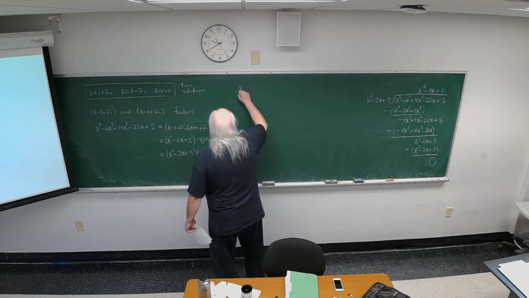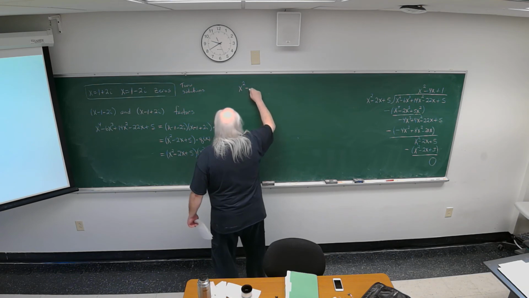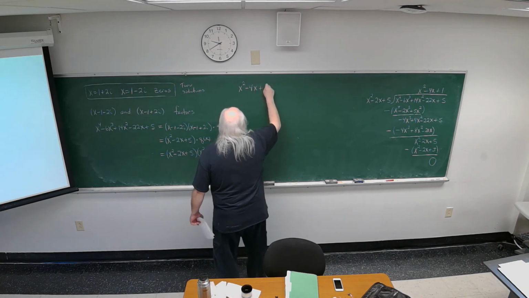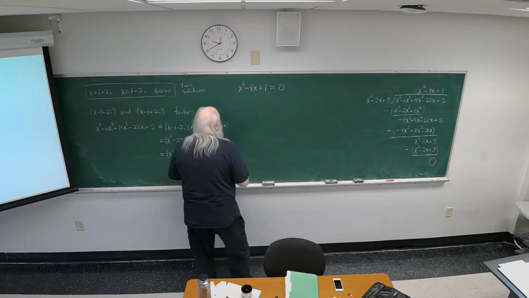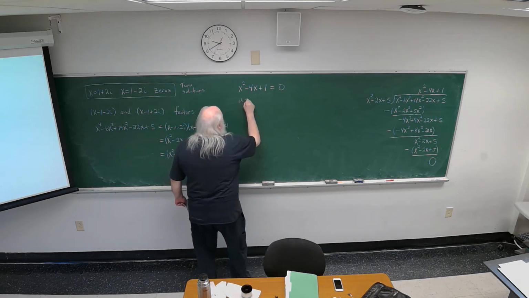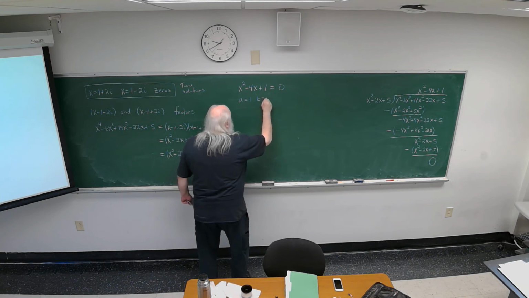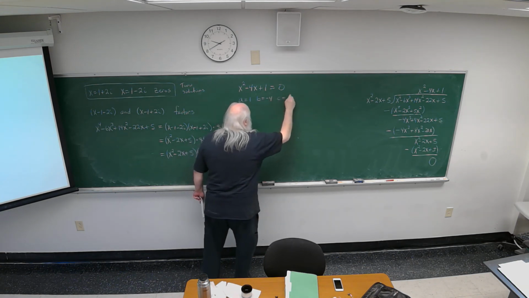So we set it equal to 0, and then we got to use the quadratic formula. Okay. So a is equal to 1 in this case, b is equal to -4, c is equal to plus 1.